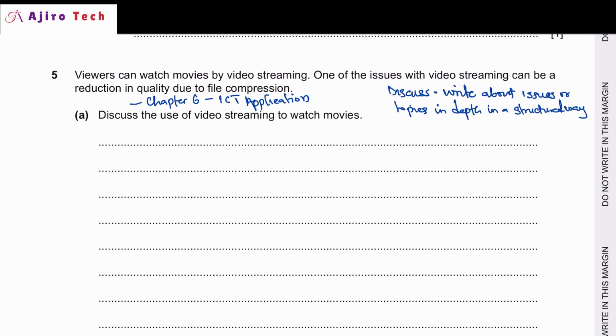Specifically under communications. Now, work with me on this. When we talk about video streaming, or streaming generally, it simply means that the thing you're watching is not on that device.